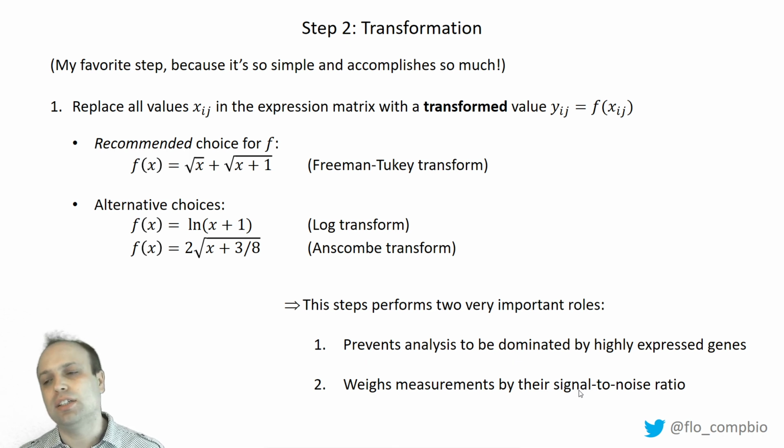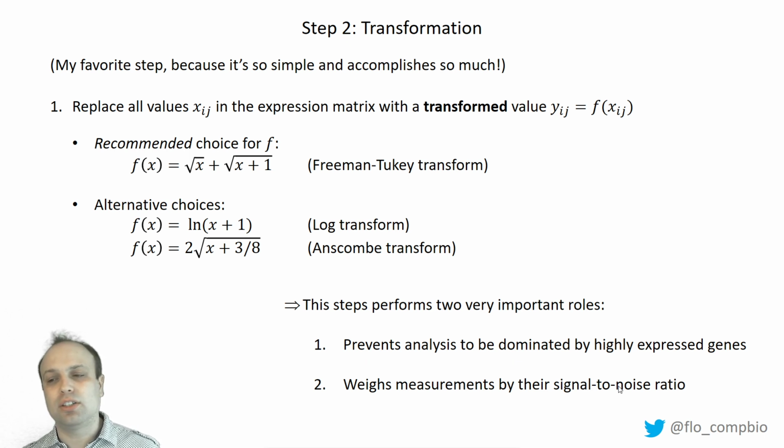Highly expressed genes are measured much more accurately than lowly expressed genes, so they get more weight, but not too much. If you didn't do any transform, they would get too much weight. But they get more weight than the lowly expressed genes, and for very lowly expressed genes, the technical noise in single-cell RNA-seq data is so high that there's almost no useful information in there. The signal-to-noise ratio for those genes is so low that we basically just want to ignore them.